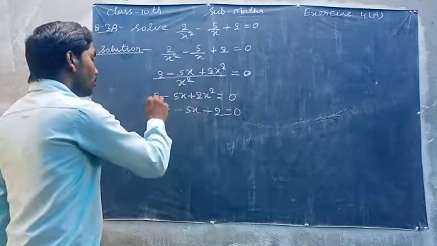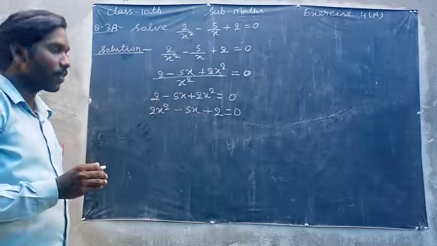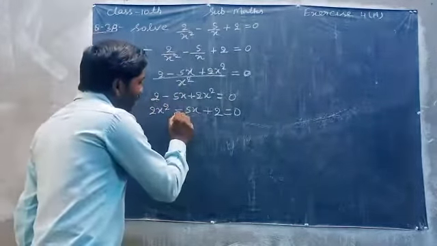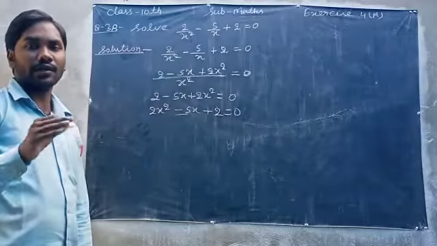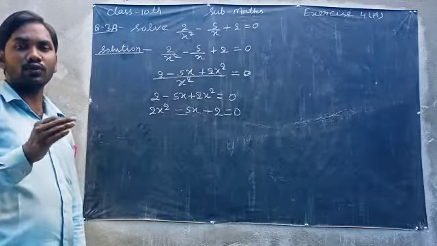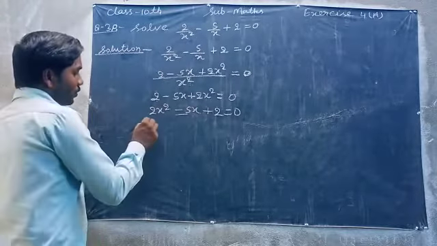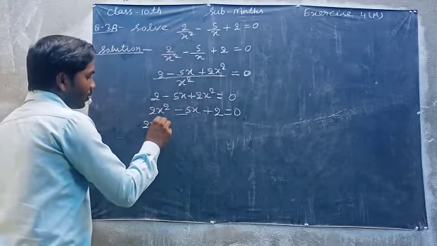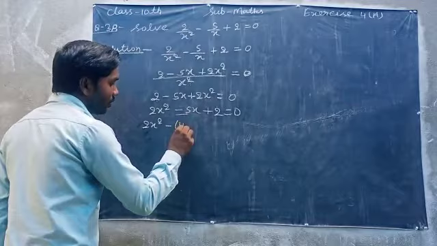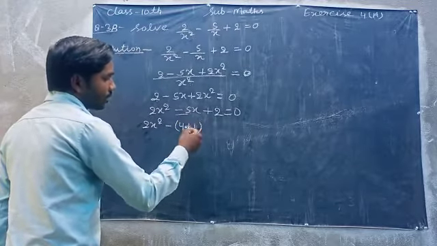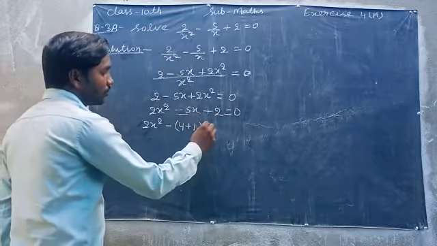So now we can solve this question. 2 into 2 will be 4. Now we will split this 5 into two parts such that the product should be equal to 4 and the sum should be equal to 5. So, the parts will be 4 and 1. In place of 5, we will write 4 plus 1: 4 plus 1 is 5, and 4 ones are 4.